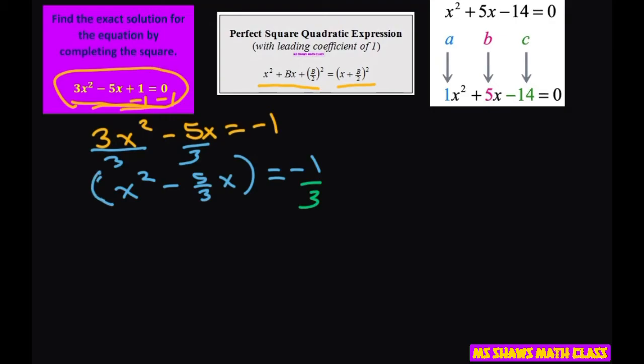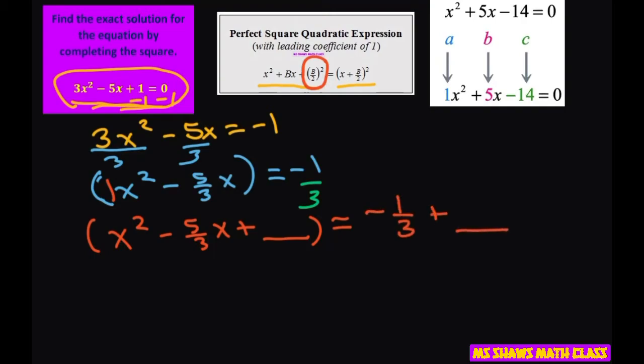Now I'm going to complete the square. So basically our lead coefficient is 1, so I'm going to write x squared minus 5/3 x plus, and what we're going to be putting in is b divided by 2 squared. If I add that to the left-hand side, I also have to add it to the right-hand side.